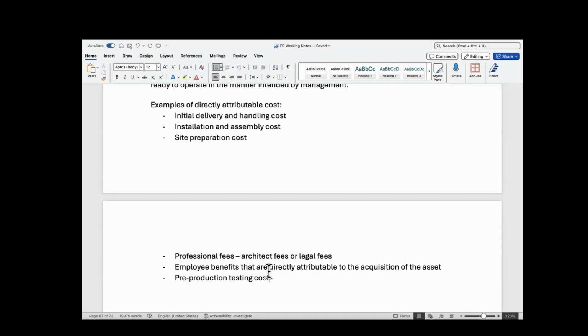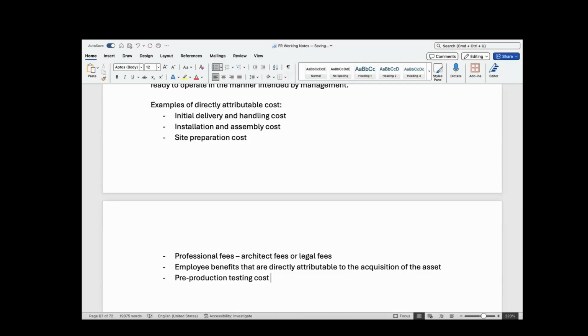That's pre-production testing cost. That kind of cost, you capitalize it, you add it as part of the cost of an asset, irrespective of what you bought, whether you bought engine oil, you bought whatever. The intention is you want to test this asset just to see that it operates.